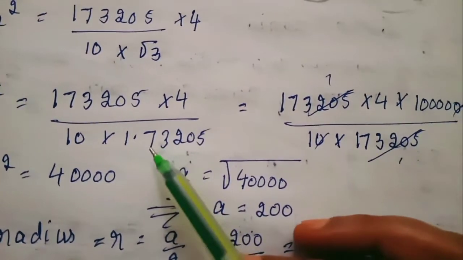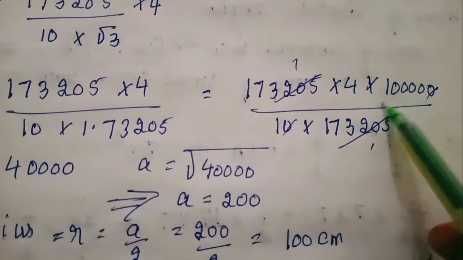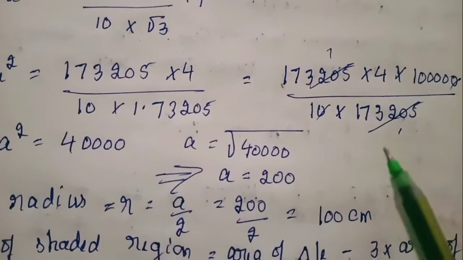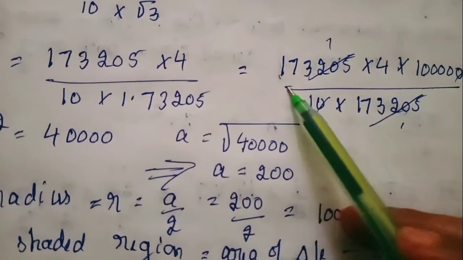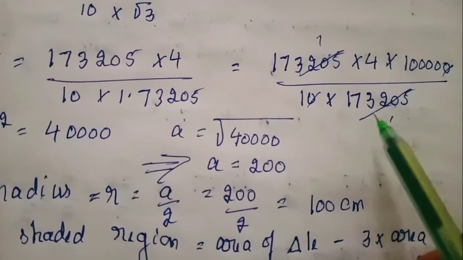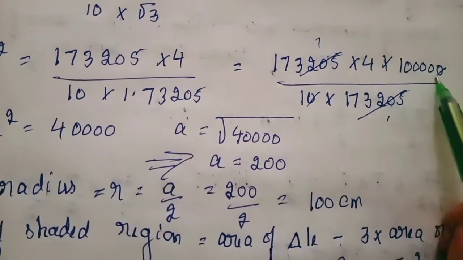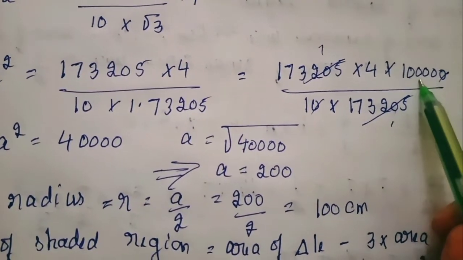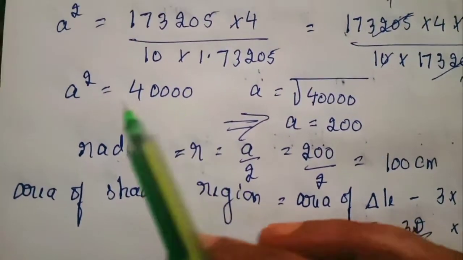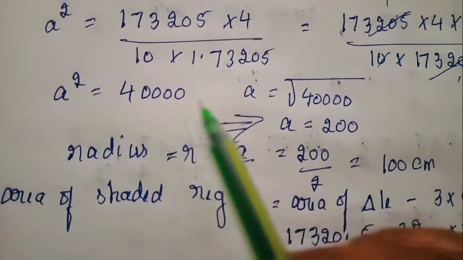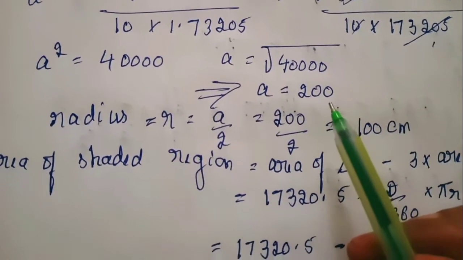You can see after the point you have 5 digits, so you get 5 zeros with 1 at the start. Now you can see this is the exact number, so you can cancel with 1, that is 1732051 and that 1, and here 10 and 10 get cancelled. So here 10,000 into 4 gives 40,000. So we got a square equals 40,000 and a equals square root of 40,000, which is 200.